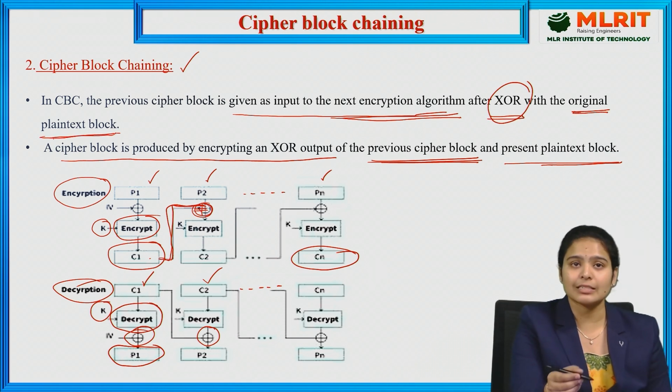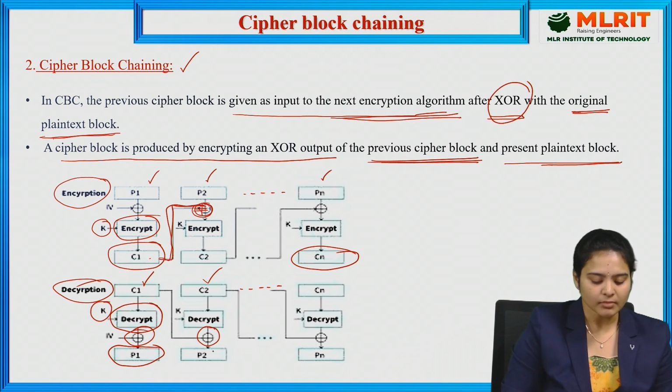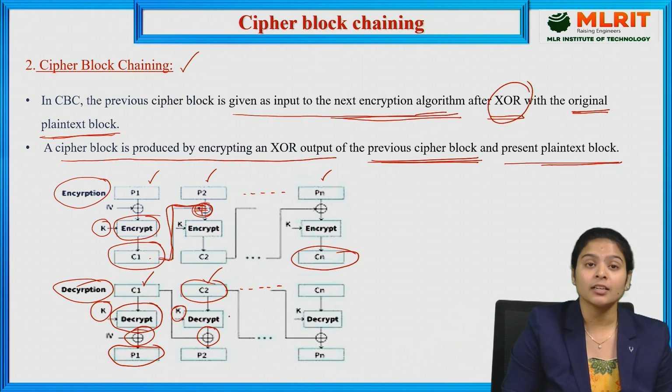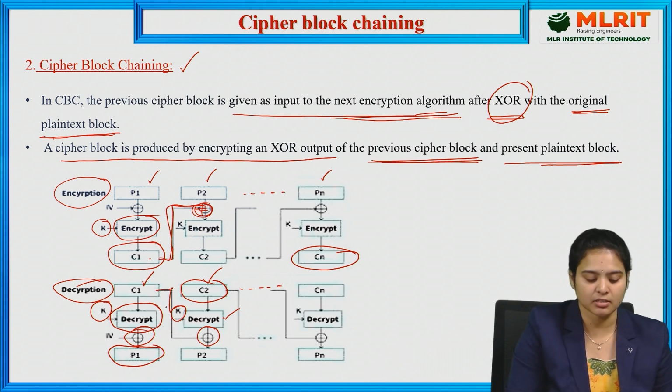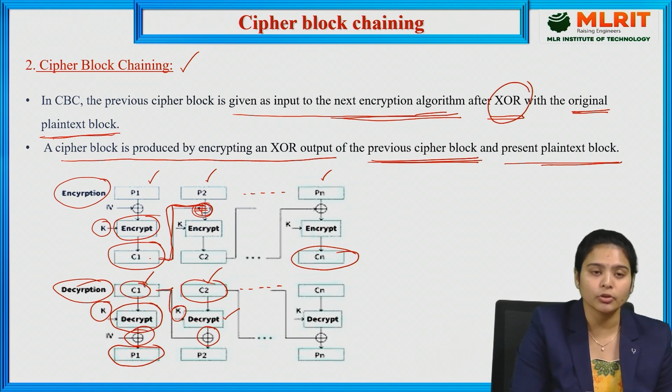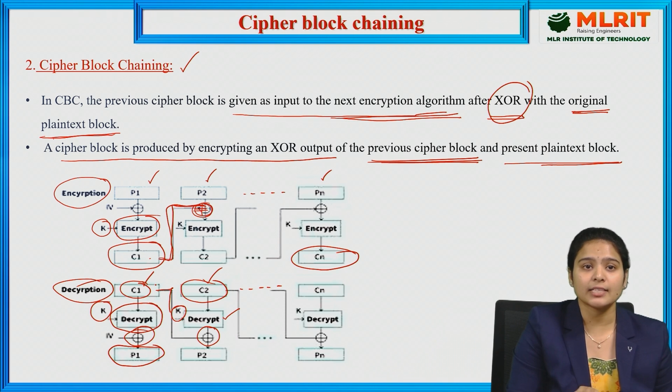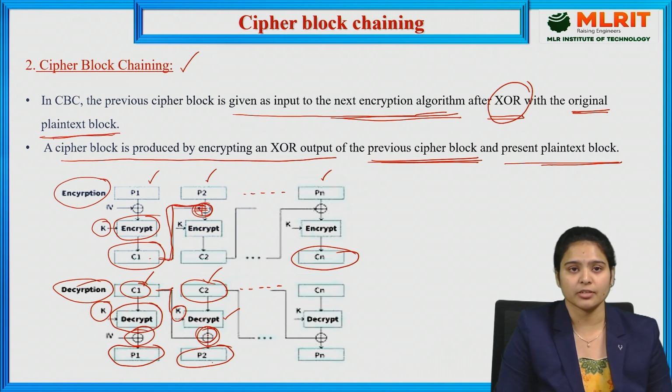That is what we discussed in the first one. The ciphertext of the second process is also decrypted by using the secret key again, and by using the XOR operation with the previous first ciphertext. Here the first ciphertext is taken as an input, and we get the plaintext P2 output by using the XOR operation.